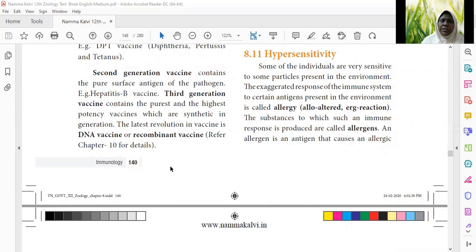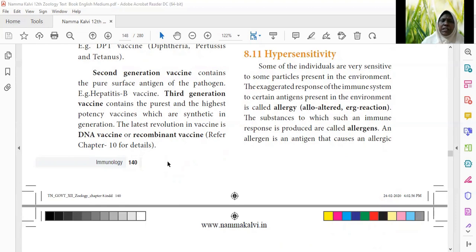And the third type is called third generation vaccine. It is the purest form, and it contains the purest and highest potency vaccines. So third generation vaccine is considered the purest and has the highest potentiality, and they are made by synthetic process. They are synthetic in generation; generation means produced.